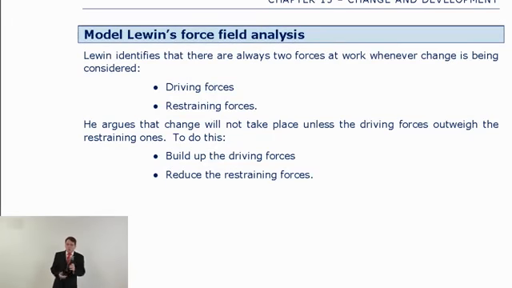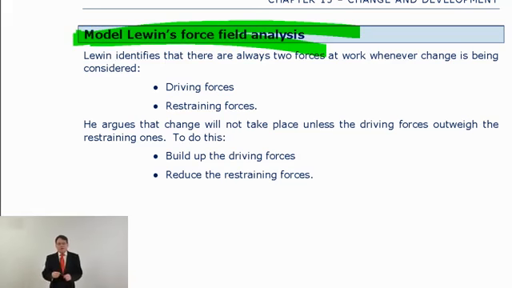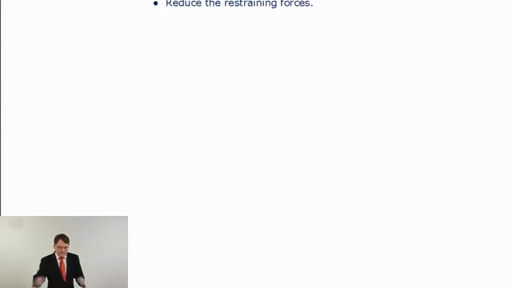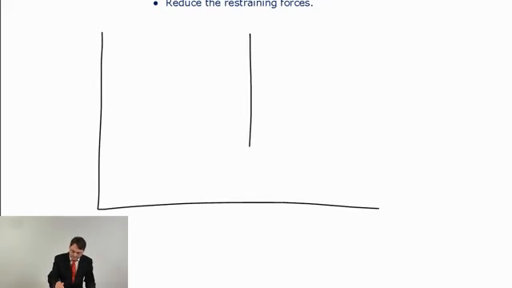Now, I was talking a minute ago about readiness for change. Do the workers realise that they need to do something different? And a model that you can use in this is the ideas of a guy called Lewin. Lewin, in his force field analysis, says, right, here's where we are now.